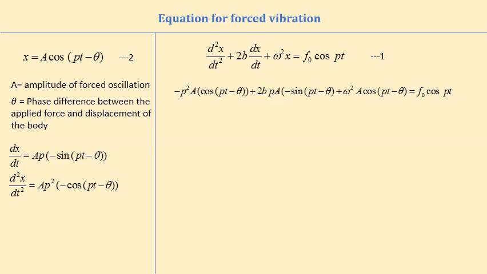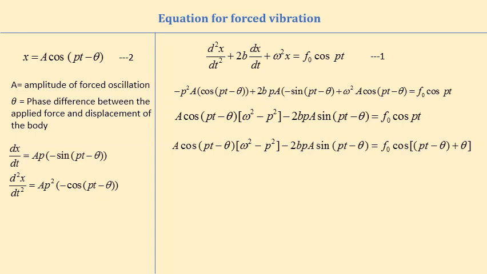Now let us collect the common terms, so that we will get a cos of pt minus theta into omega square minus p square, minus 2bp a sin of pt minus theta, which is equal to f naught cos pt.